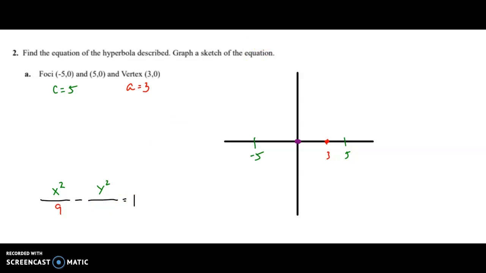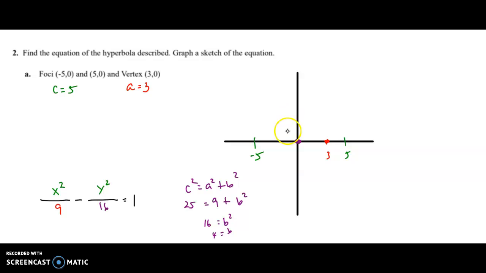So I'm going to use c squared is equal to a squared plus b squared, right? We know that c is 5, so this is going to be 25. And a is 3, so this is going to be 9 plus b squared. All right. And after a little bit of work, b squared is 16. All right. Which means b is 4. Okay. So 16 goes here. All right. Now that's the equation of the hyperbola. Okay.